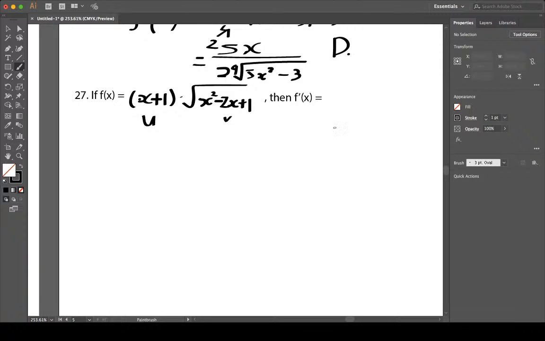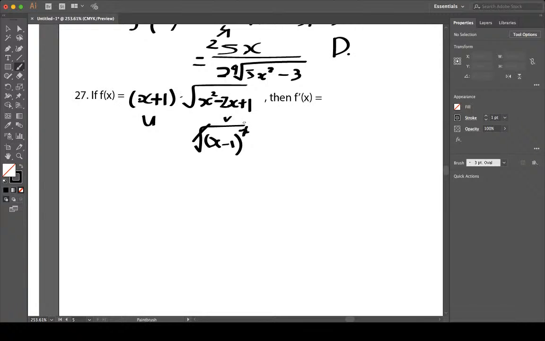So then you need lots of these formulas, but then you realize one thing: x squared minus 2x plus 1 is actually x minus 1 squared. And when you realize this, you can actually just cross this guy out, and instead you have x plus 1 times x minus 1.